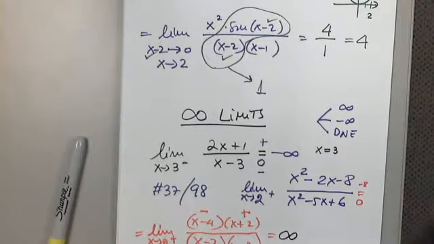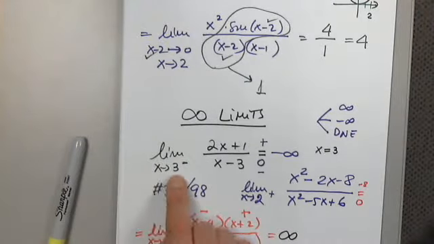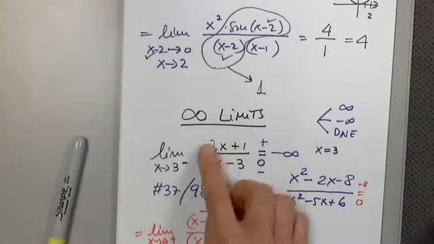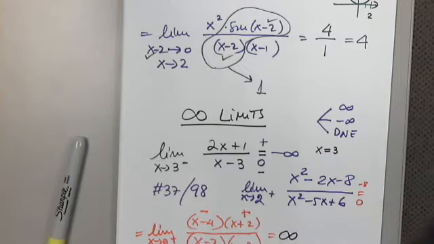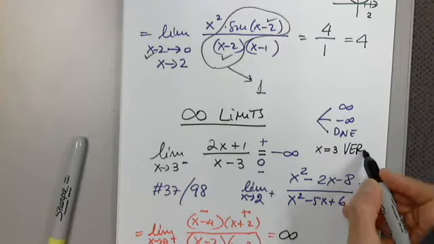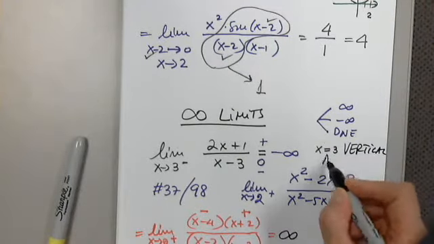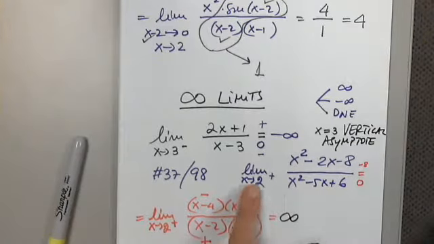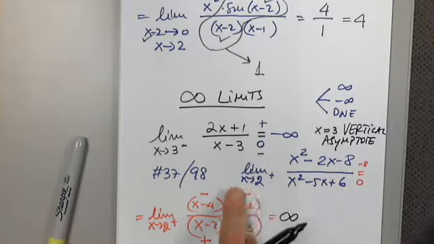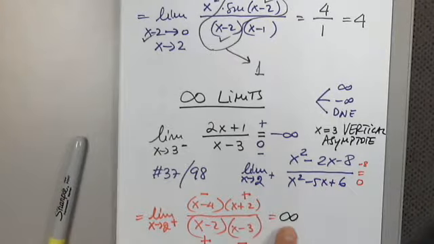Same thing here. As x approaches 3 from the left, for this function, we get negative infinity. x equals 3 must be a vertical asymptote. Limit of a function as x approaches 2 from the right is positive infinity.